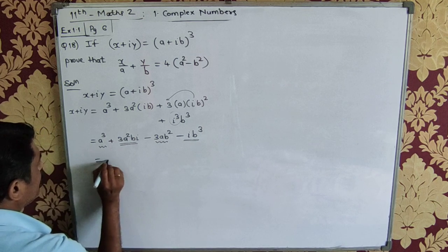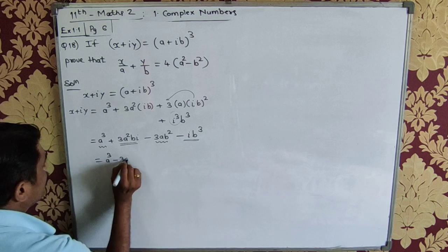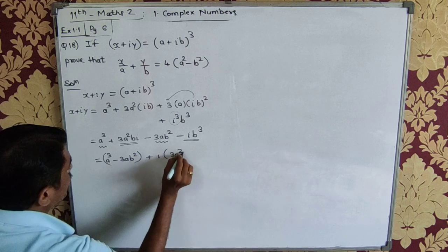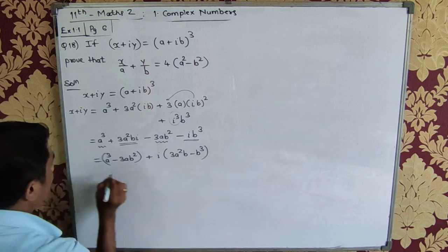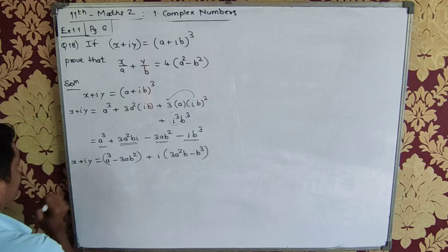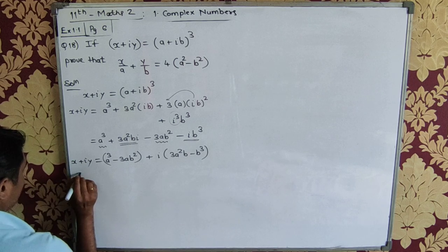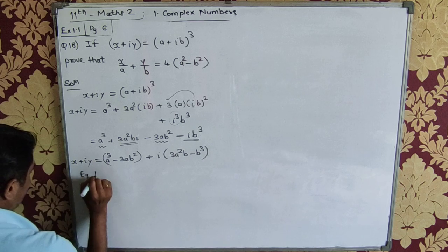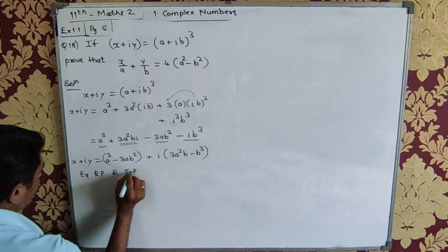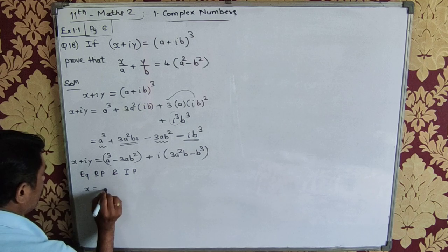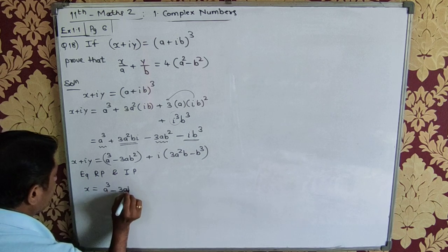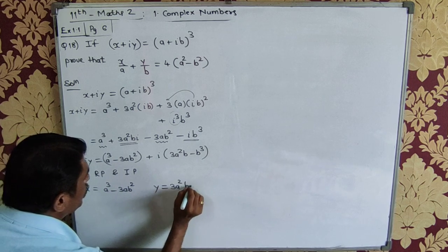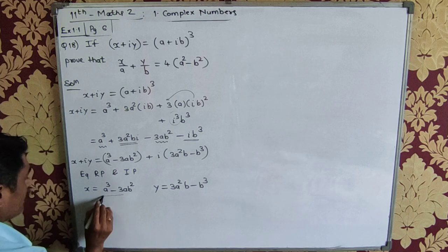To kya milega? a cube minus 3ab square plus i times (3a square b minus b cube) is equal to x plus iy. Right? Yes. Comparing or equating the real and the imaginary parts, kya milega? x is equal to a cube minus 3ab square and y is equal to 3a square b minus b cube.